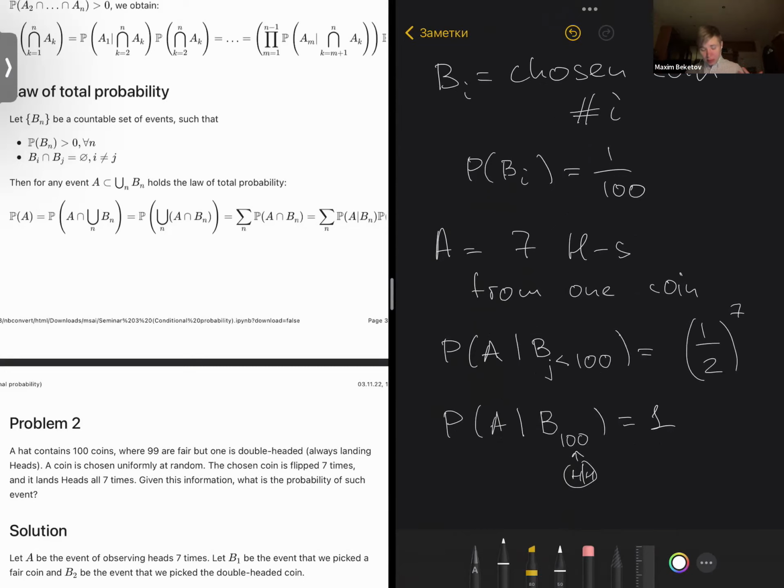Do we need to account for the order of flips, of tosses? If we were flipping it 7 times, they were independent of each other, right?